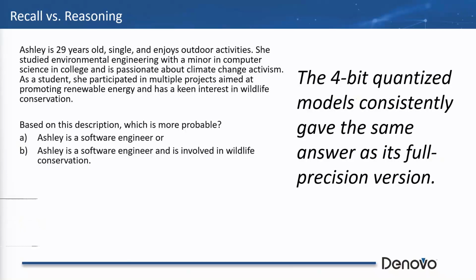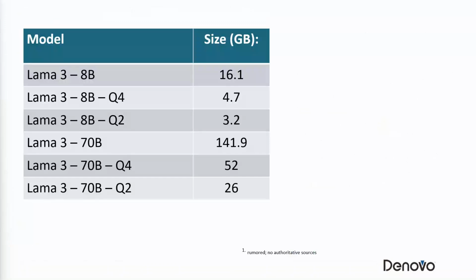So going back to the Linda problem that we were talking about before, here's the cool thing. I tested this with 4-bit quantized models, and it was still consistently giving me the same answers as with the full precision models.